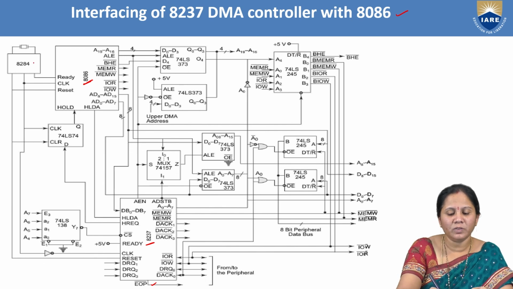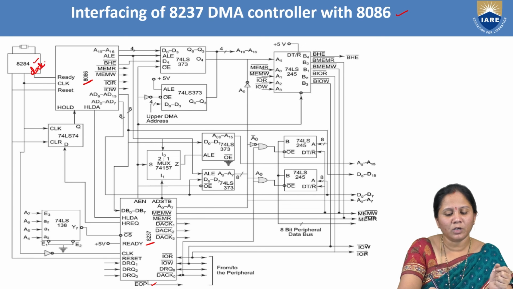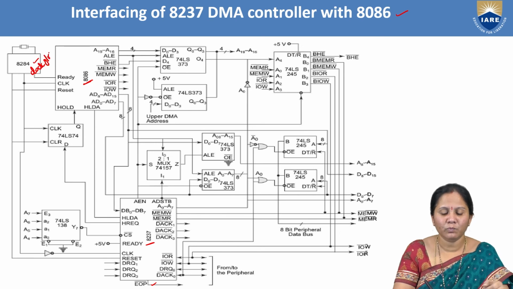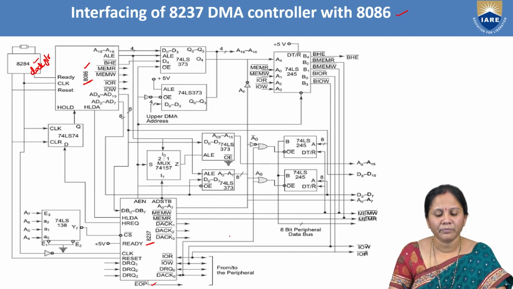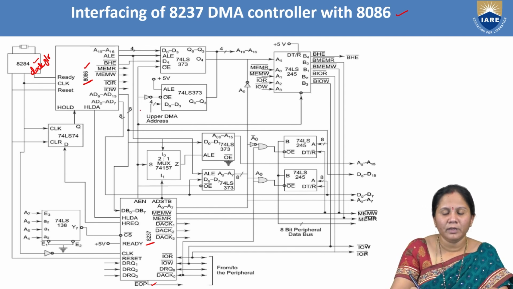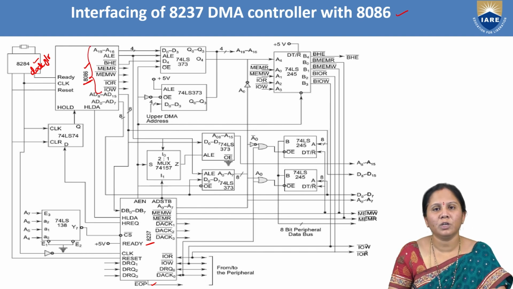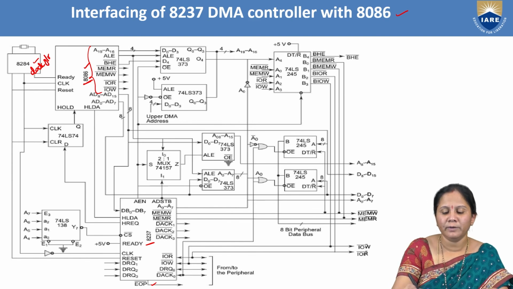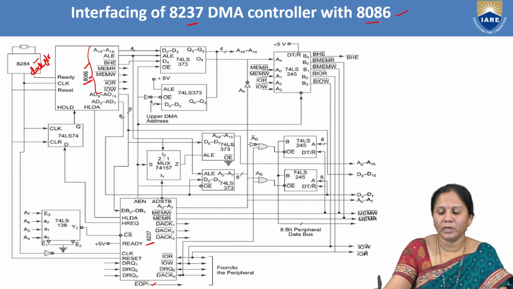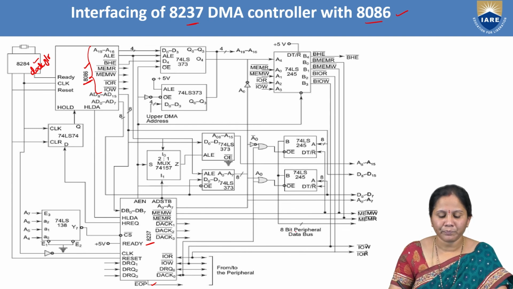Here we can observe the 8284, which is called the clock generator IC, which produces the clock frequency for the 8086 microprocessor. All the control signals are present within the 8086 microprocessor itself. Here we are interfacing the 8237 DMA controller to the 8086 microprocessor when it is operating in the minimum mode.